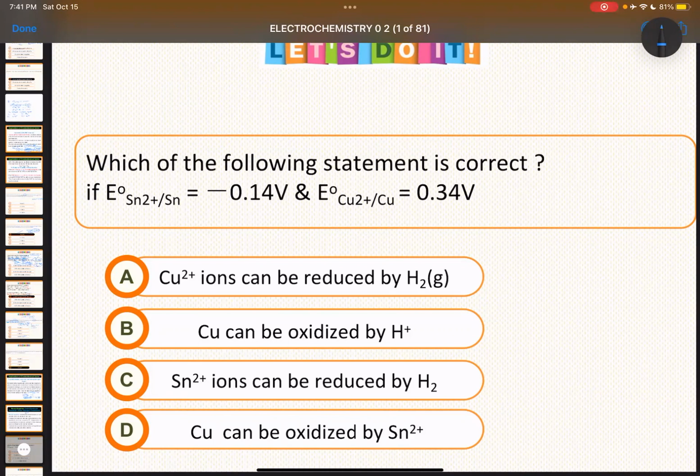Yeah, tell me what's going to be the answer. Option C. Option C, tin ion can be reduced by H2.